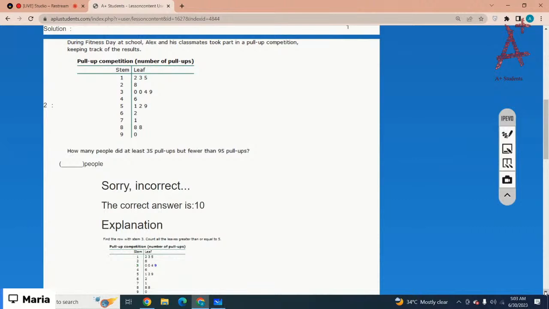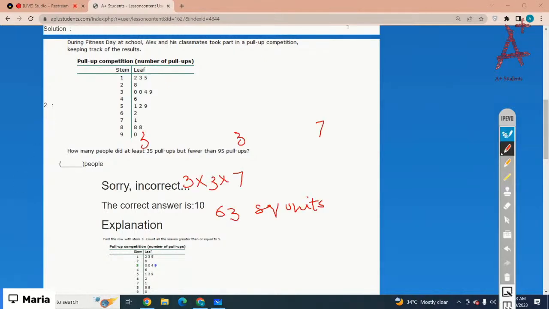So 35 means you have to start from the stem 3. Okay, let's see here. You have stem 3. You have to start from the least value. The smallest value would be 35. You don't have 35, the next one is 39. And until 95, you have to count.